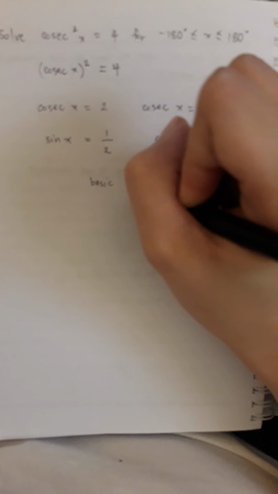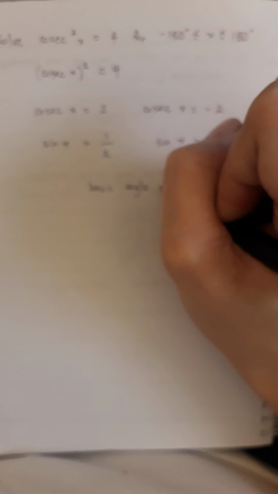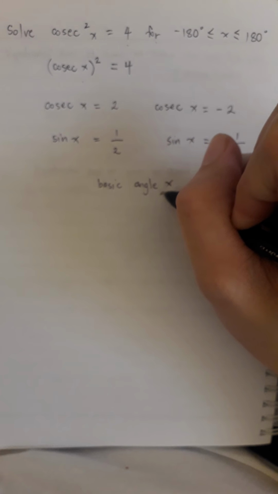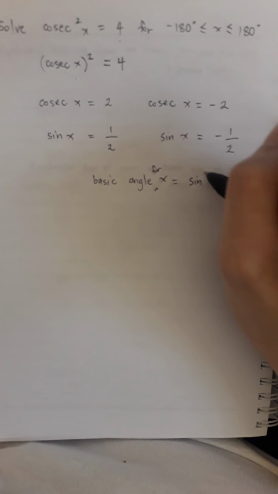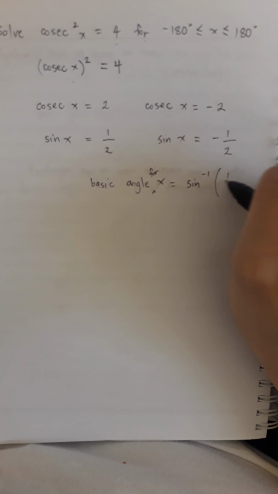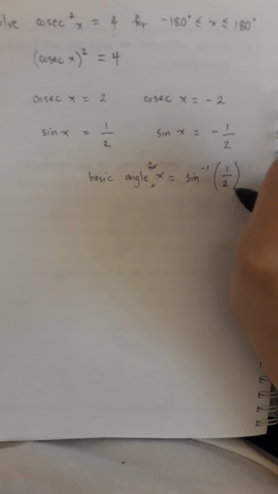That means we have the same basic angle for x in this equation and in this equation, because the ratio is the same, 1 over 2. So how do we get the basic angle for x? Again, shift sine, half. The negative sign is not included.